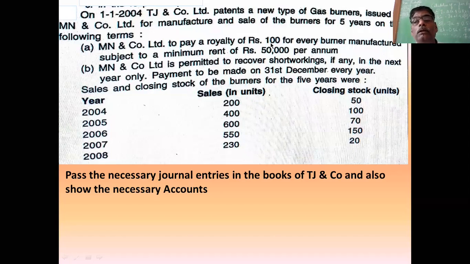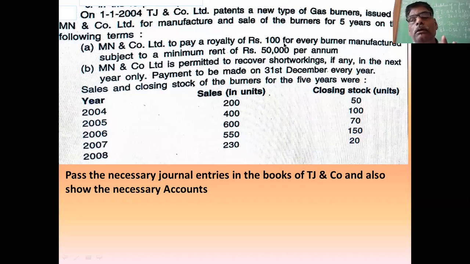Okay. On the basis of that, you have to prepare the table. If the rate of royalty is on unit manufactured, you have to prepare the table and ascertain the unit manufactured. If the rate of royalty is on unit sold, then you open the table and ascertain the unit sold.